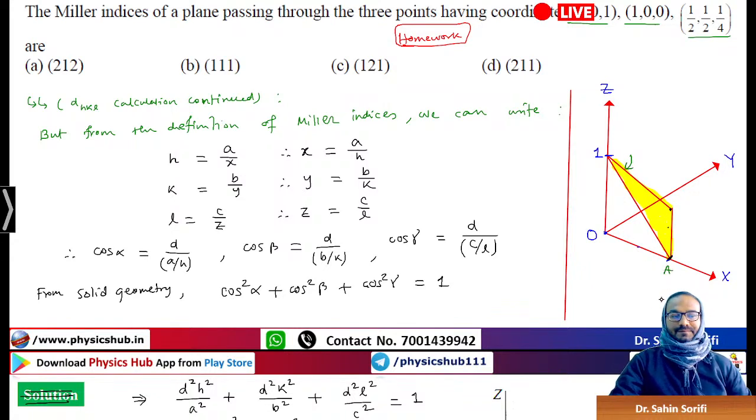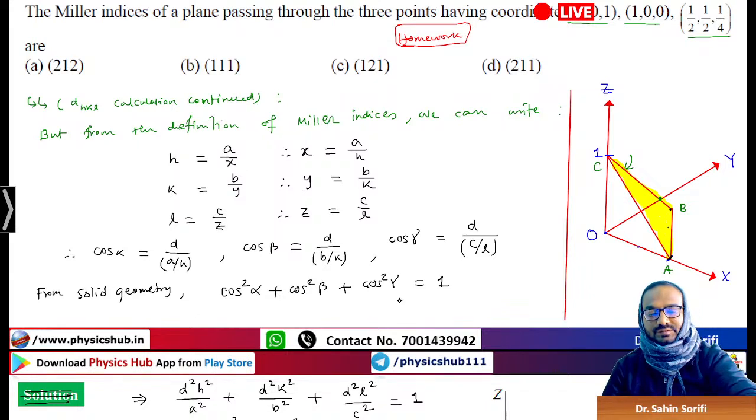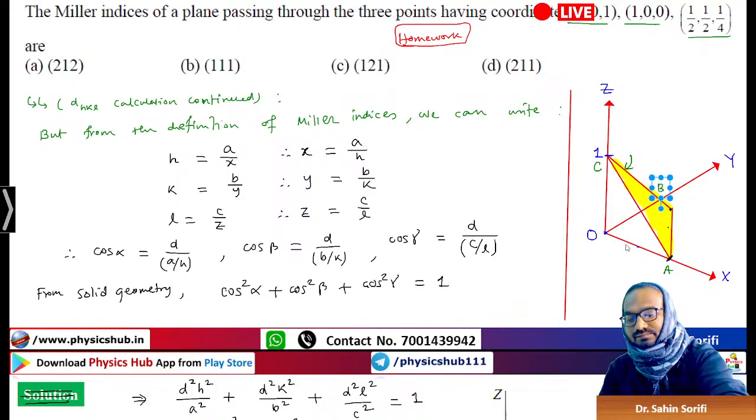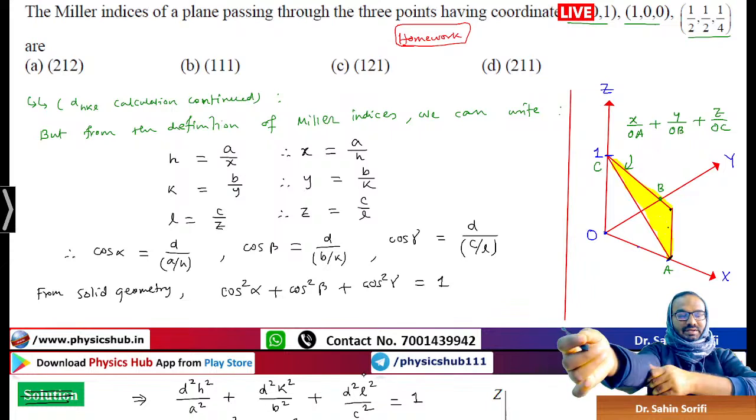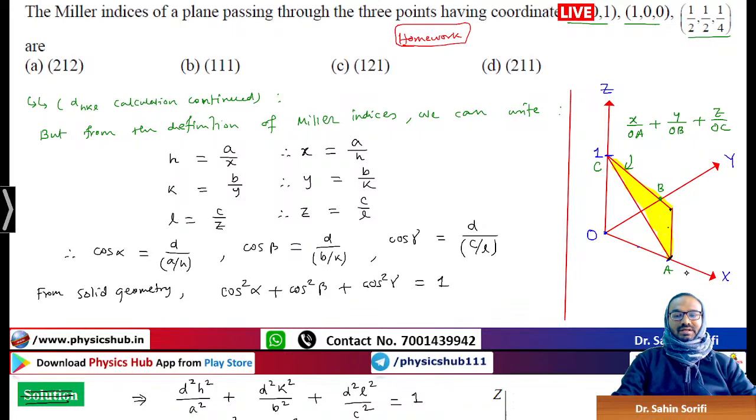Let's say this is OA, B, and this point is C, or you can say this is cutting at some point, so you can take that point to be B. So you can take the equation of this plane, x by OA plus y by OB plus z by OC, where OA, OB, OC are the intercepts on the XYZ axes. Then you can calculate OA, then OB, then OC.